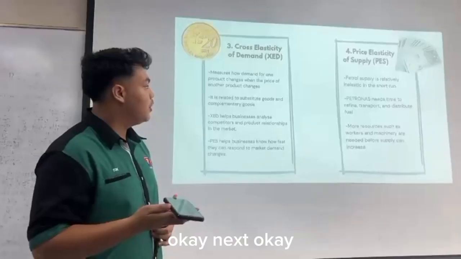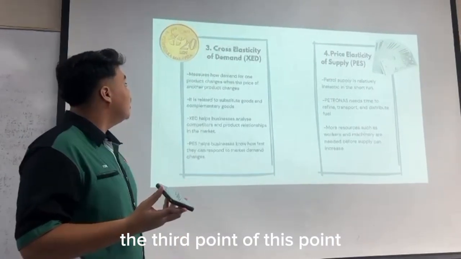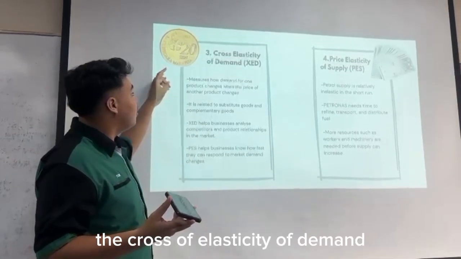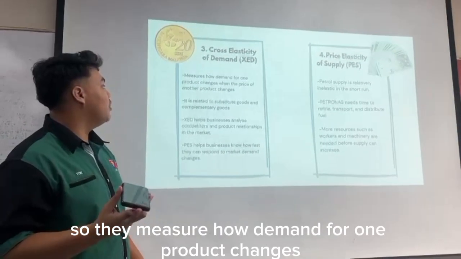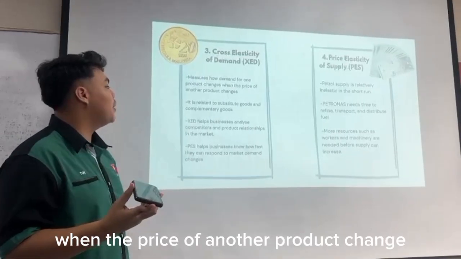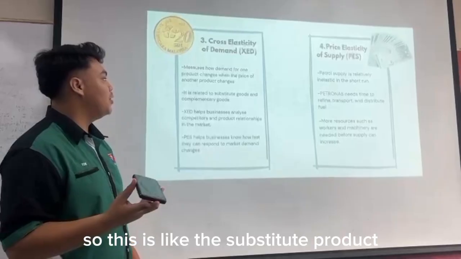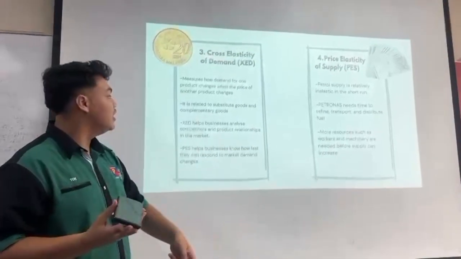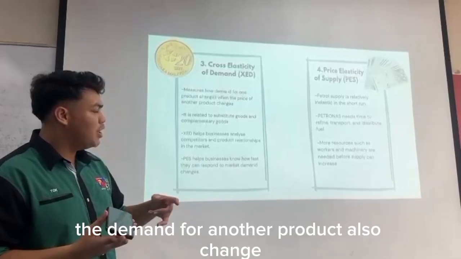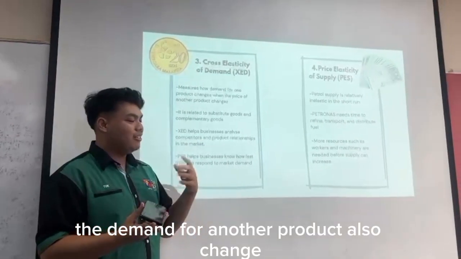Next, the third point, cross elasticity of demand. It measures how demand for one product changes when the price of another product changes. This is like a substitute product. When the price of another product changes, the demand for this product also changes.